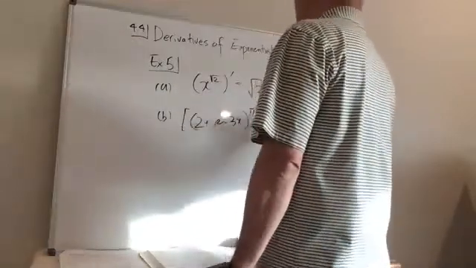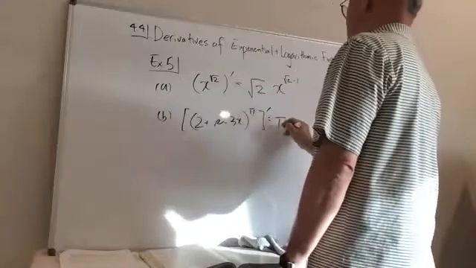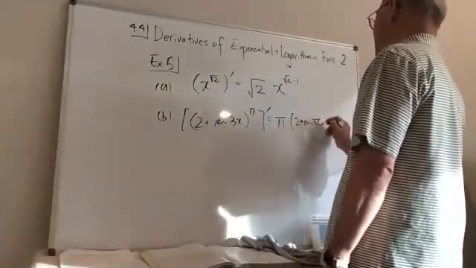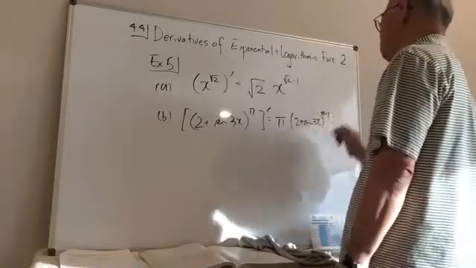We're going to go ahead and take the derivative of this. So it's going to be pi times 2 plus sine 3x to the pi minus 1.